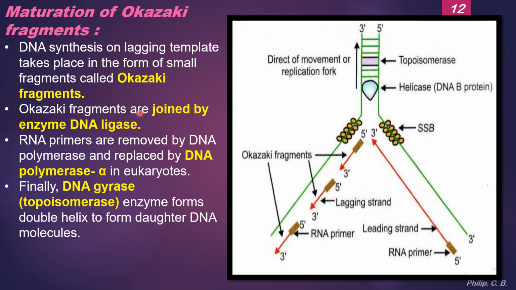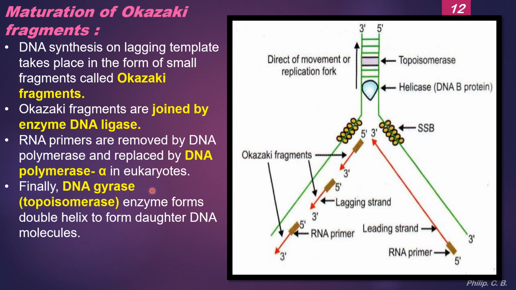Now Okazaki fragments are joined by DNA ligase. To put it in simple words for better understanding, DNA ligase acts like a gum in joining the strands. The RNA primers are removed by DNA polymerase and replaced by DNA polymerase alpha in the eukaryotes.